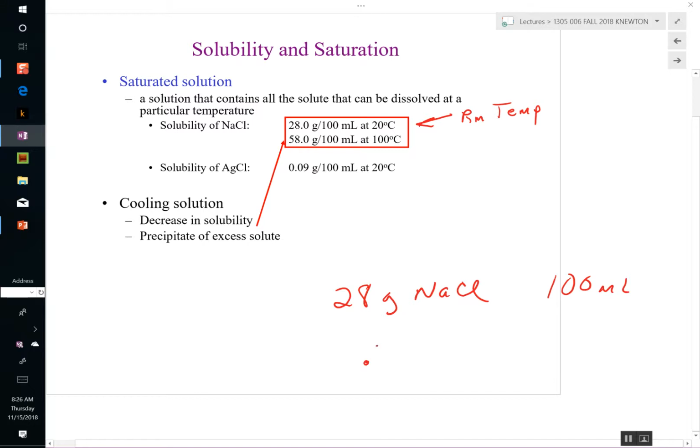We can only get about a tenth of a gram of silver chloride. So I would say silver chloride is insoluble in water. That doesn't mean that if you had some silver chloride around, there isn't some of it in the water. There is a little bit of it in there, but we don't say it's soluble. That's not good enough to really give solubility.